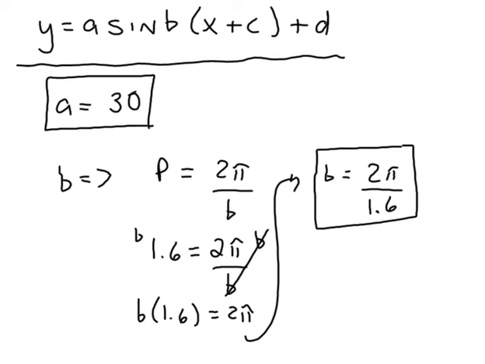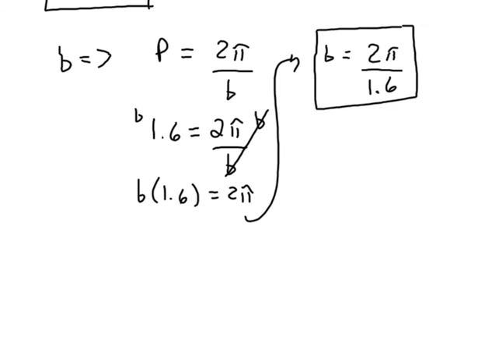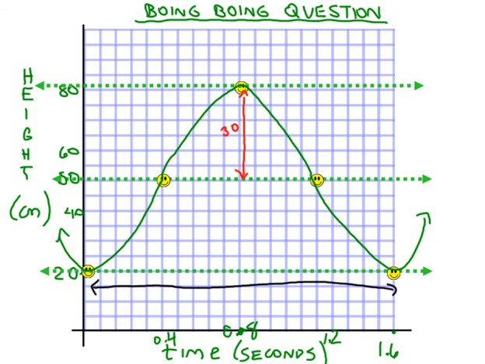For C, since we started off by looking at the sine graph, we want to find a starting point. So looking back at the graph, an appropriate C value would be this point right here, as it coincides with the starting point for the regular sine graph.